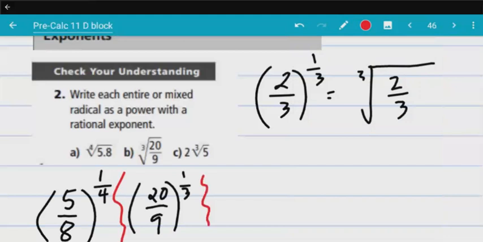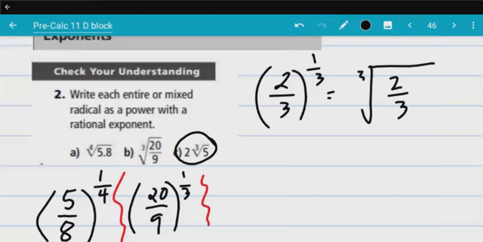Now, for this one, I would turn it into an entire radical first, rather than a mixed radical, before turning it into a power.